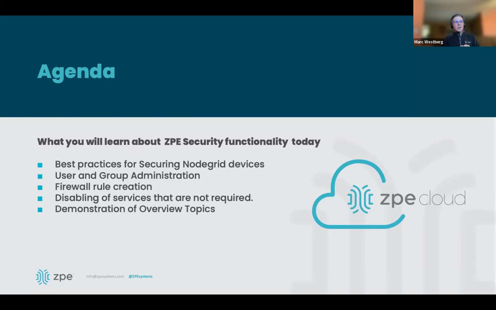A little bit of an agenda: best practices, user and group administration, firewall rule creation and tracking or understanding what rules are being hit within the Nodegrid device, and disabling of services that aren't required within a specific organization per their risk management and compliance requirements. And then we'll go into a live demonstration of the overview topics.